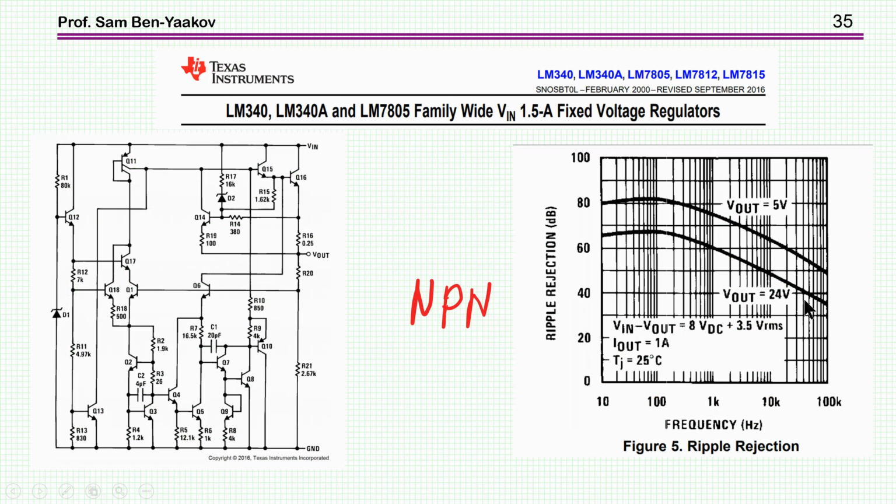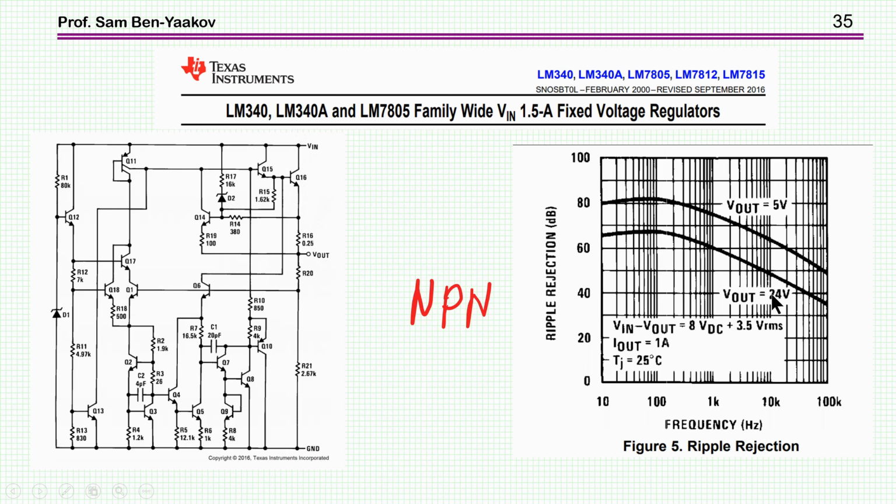So let's have a look at real commercial units. The most popular one and the oldest one, I think it's the first LDO, is the 7805, or this family, 78, and this 05 meaning that's 5 volt. You see this is an NPN BJT transistor. This is the pass element, okay? And here we see the ripple rejection or power supply rejection.